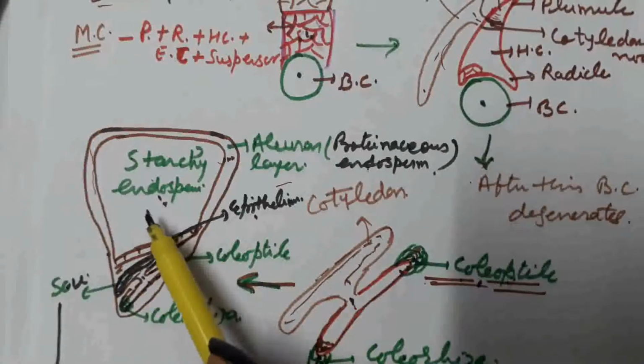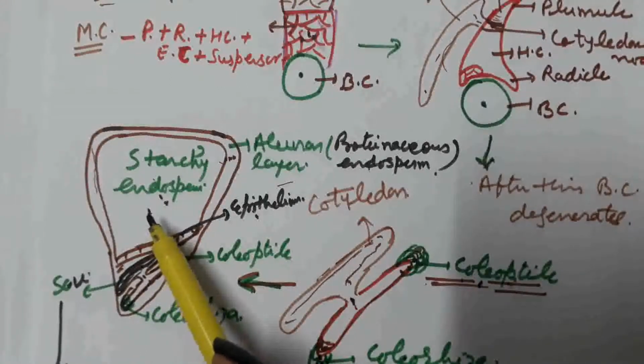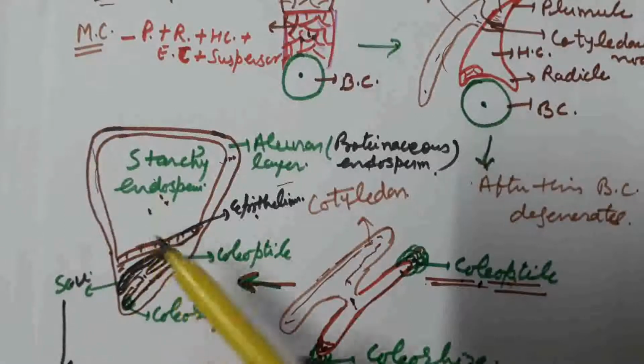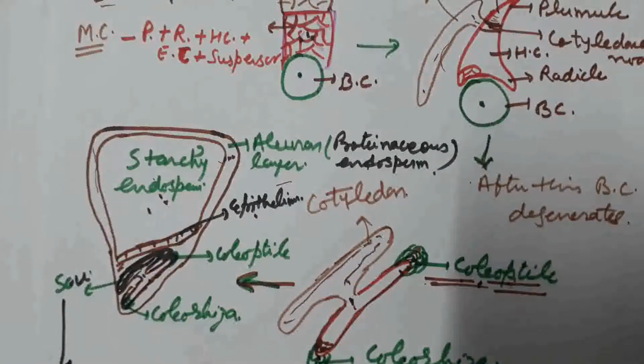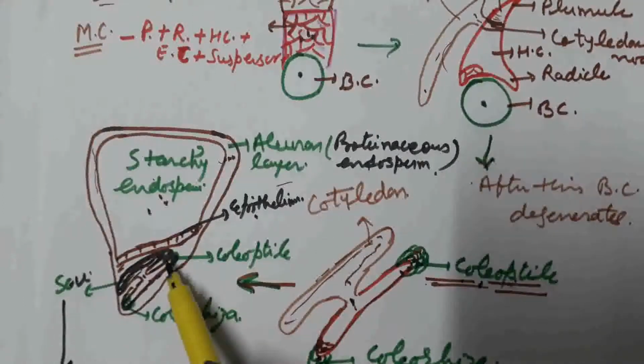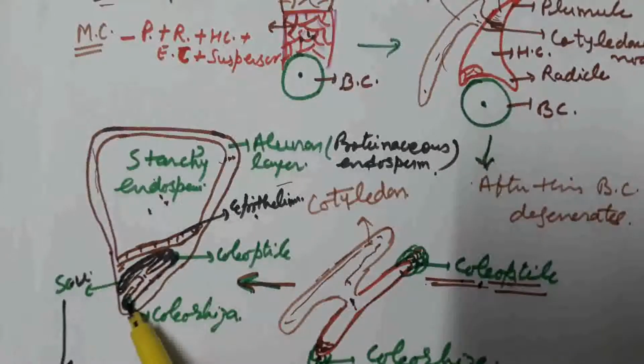When the endosperm gets digested with the help of phytohormones, then it becomes digested food, and this digested food is supplied to the embryonal axis, that is coleoptile and coleorhiza, for the growth of the embryo.